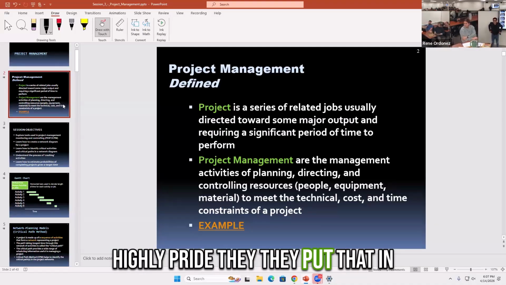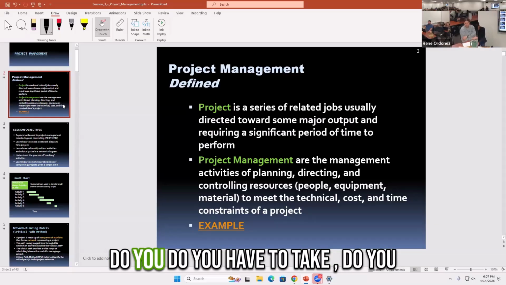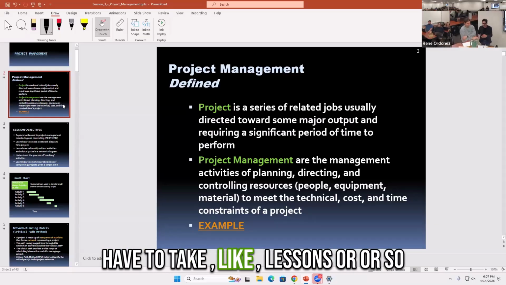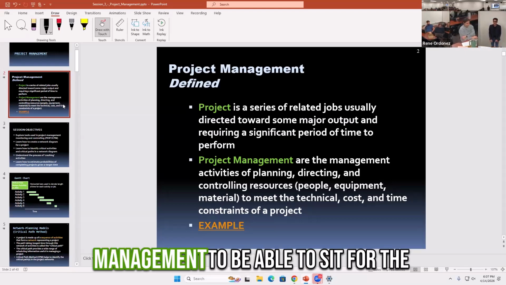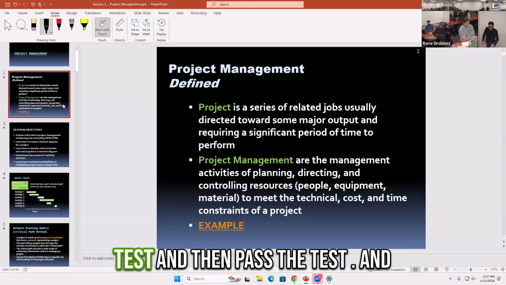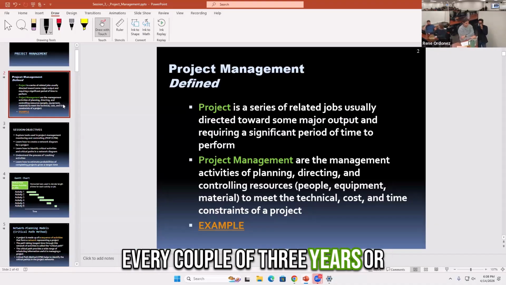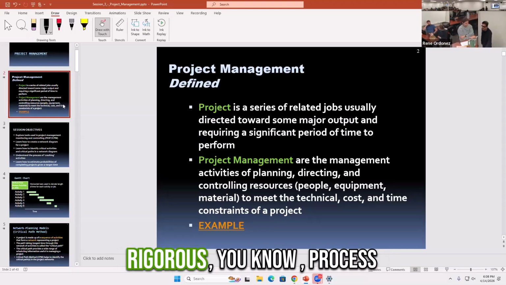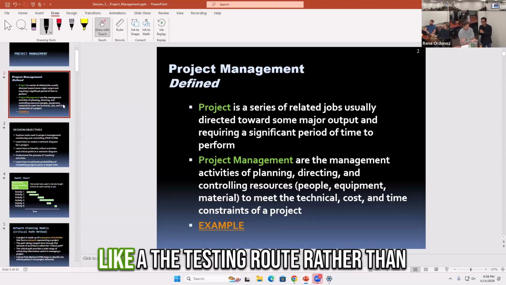I know the DoD, or DOW now, requires it, and they put that as equal to a master's degree. Oh, really? Do you have to take lessons or educational hours? Yeah, with the PMP, you have to have a certain number of years in management to be able to sit for the test and pass it, and then I think there are CEs that you do every 3 years or so to stay certified. So it's a rigorous process. I'd say it's more the testing route rather than the education route.